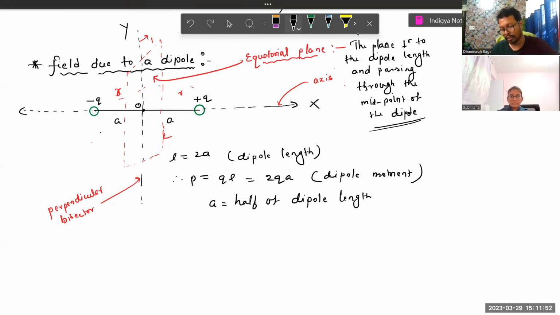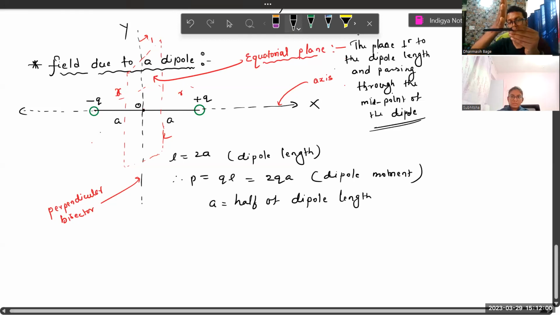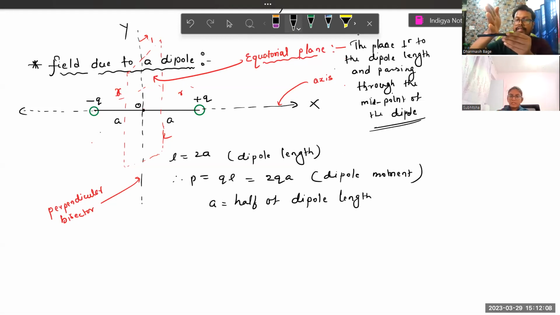Now, just imagine a pen over here, and then you place your hand perpendicular to it from the midpoint. Is any point on this plane equidistant from these two points? Yes, any point is equidistant.